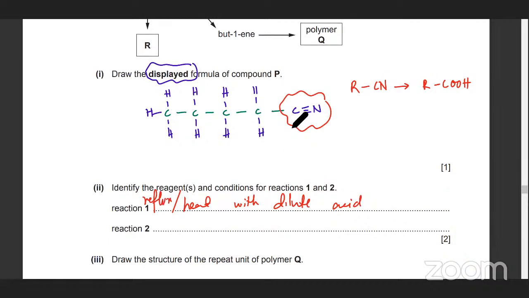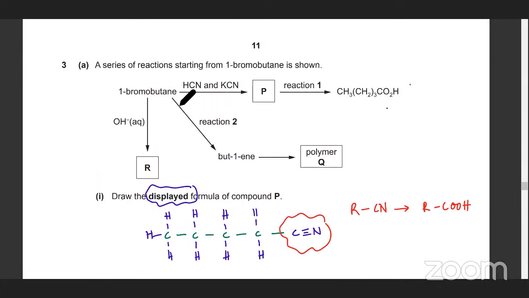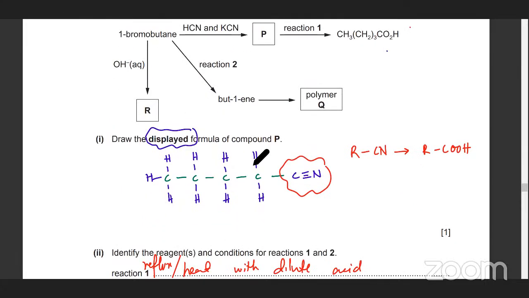And what's reaction number 2? Reaction number 2 is a halogenoalkane turning into an alkene. And that is known. So let's go back. This was a halogenoalkane. This was Br. Now this is an elimination reaction.